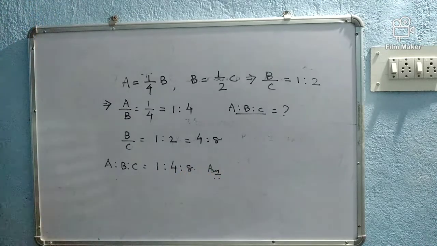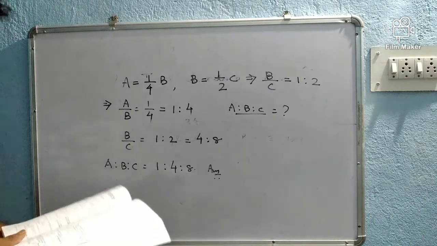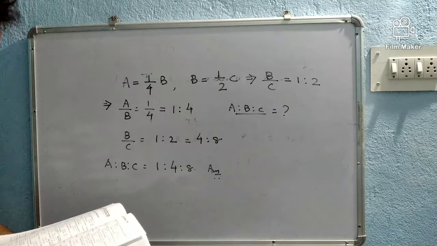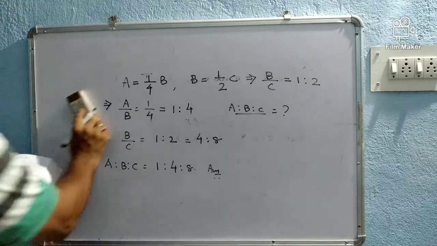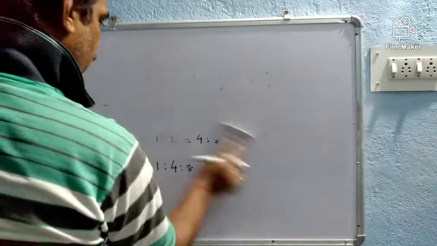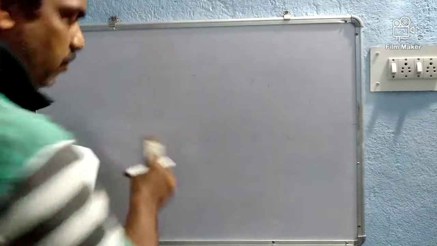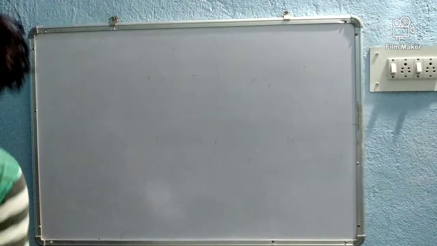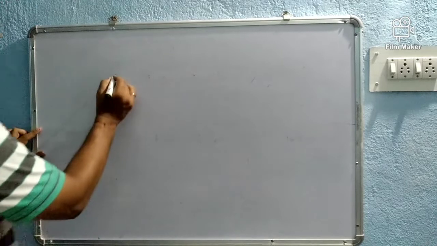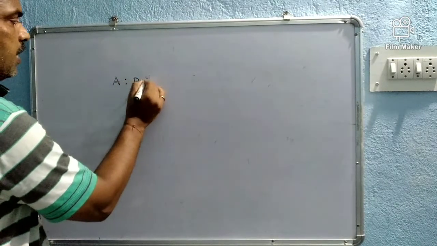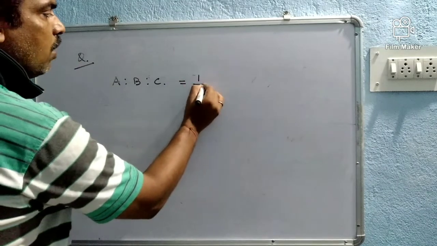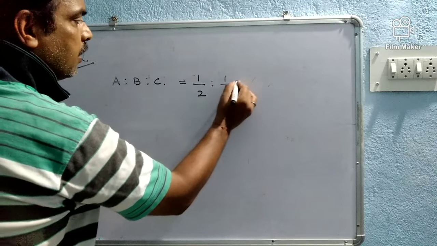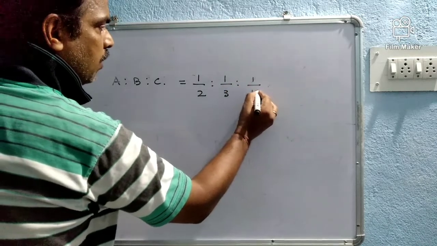Understood? This is a very interesting one. Another question, a very interesting one. For example, the ratio of A is to B is to C is given as 1 by 2, 1 by 3, 1 by 12.